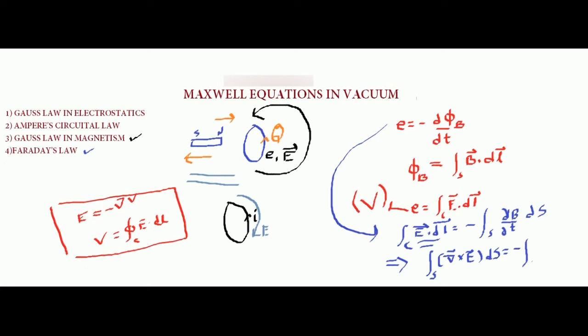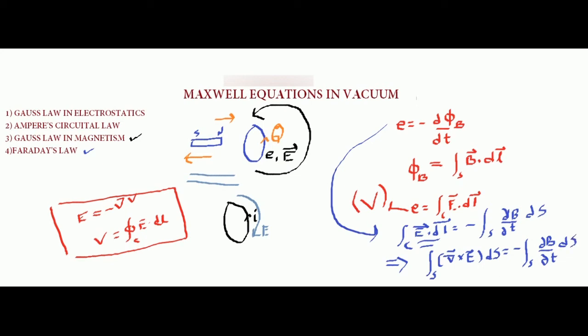Any rotating field has a curl, as I discussed earlier. The electric field generated by a stationary charge is a diverging electric field, so it has no curl. Now you can easily equate the LHS and RHS.